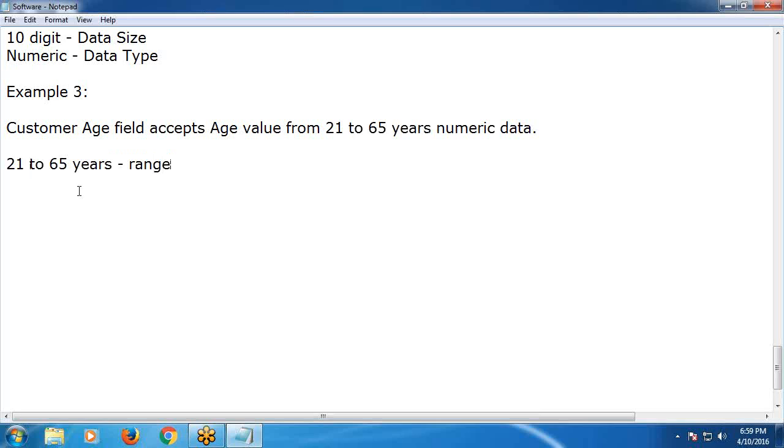For example, 20 is also 2-digit data, but 20 invalid, 19 invalid, 66 invalid. This is data range, because it's out of range. Next, numeric: age 20, 30, 40, 50 is numeric data, data type.